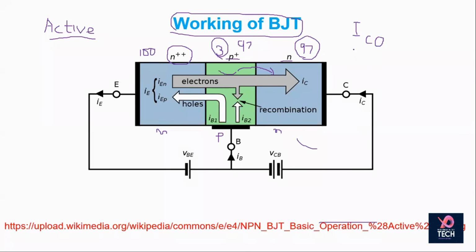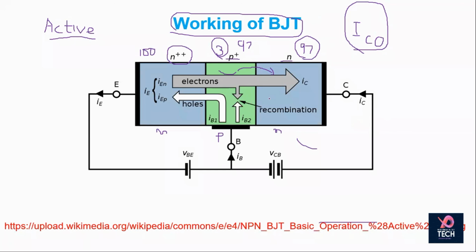Now, why is this called reverse leakage current? Because we have not deliberately wanted this conduction to occur. This conduction occurs only because of minority carriers.